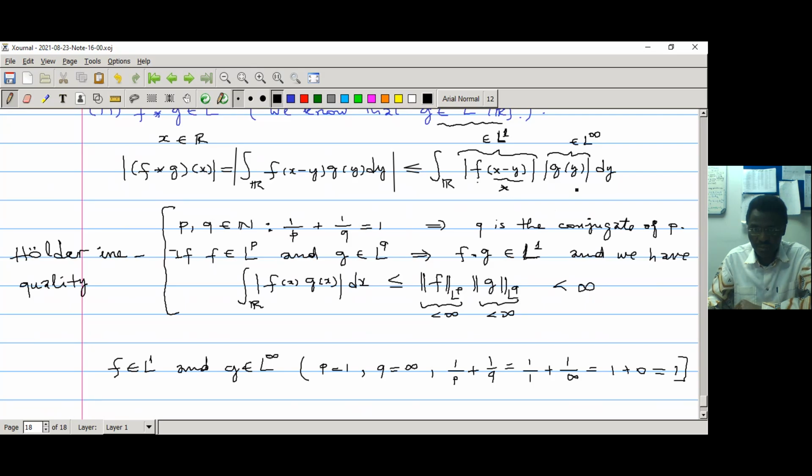And this is a certain capital, with the same X, right? Because you can see that it's the same X there. You can use a change of variable to show that. So, okay, from here, I just use Hölder inequality to conclude the result.